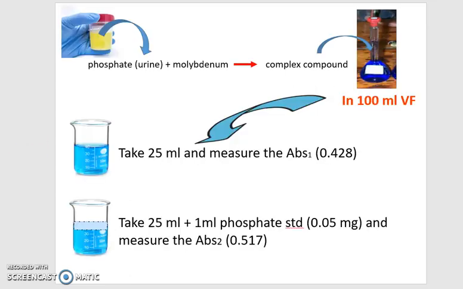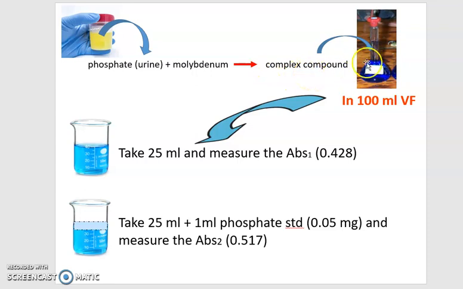In the sample preparation, 2 ml of urine that contains phosphate is mixed with molybdenum blue reagent, and from this interaction, it forms a complex.